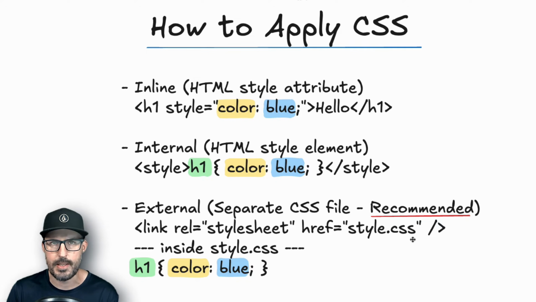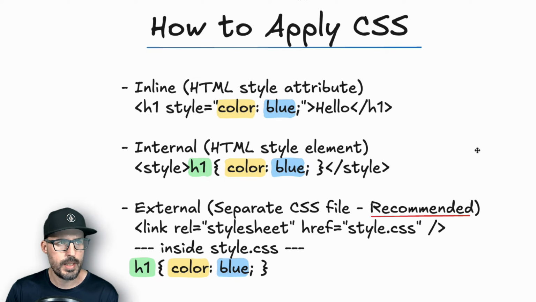So in this case, the CSS file would be at the same level, and then inside of that style.css, we would write our selectors along with our corresponding properties and values that we want to change. So in this case here, we have that same H1. We're using the element selector for an H1. It will apply to all elements on the page that match this selector, setting the color to blue.